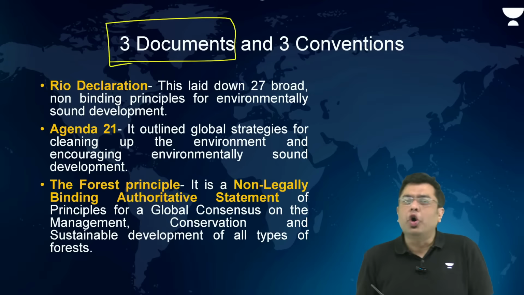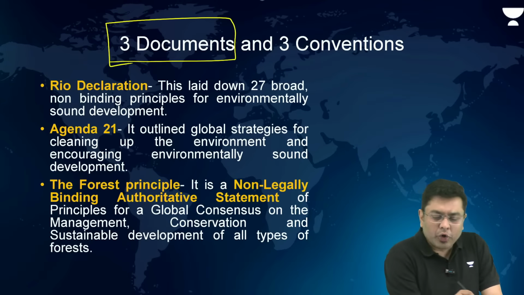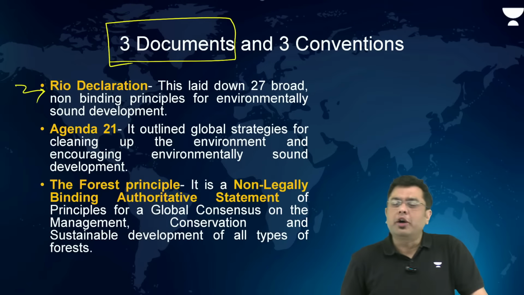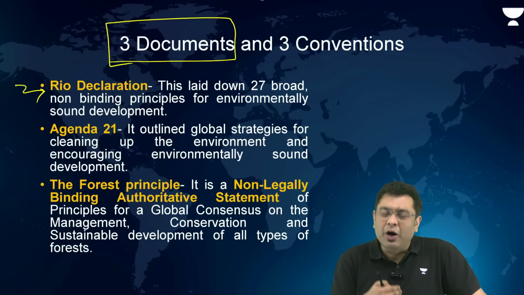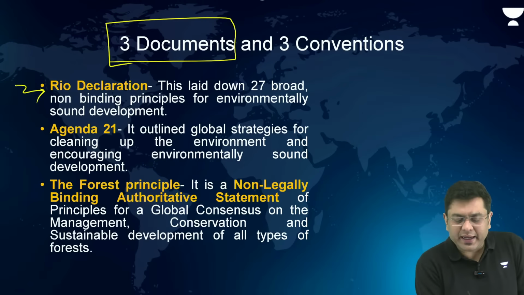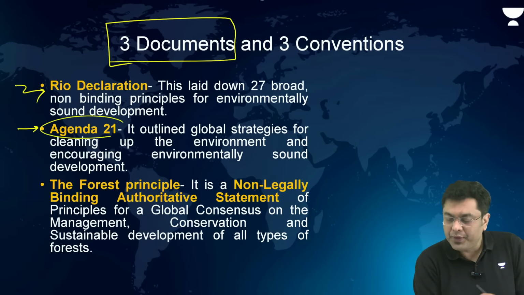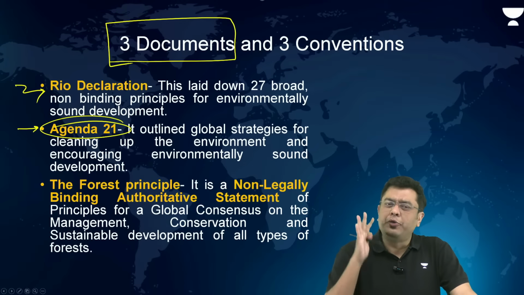So the 3 documents associated were the Rio Declaration, which talked about environmentally sound method of development without destroying the environment, how to go ahead with the economic development. That is the Rio Declaration. Then after that, you had the Agenda 21, right? Again, it was about sustainability.